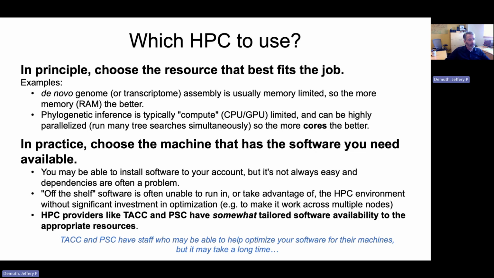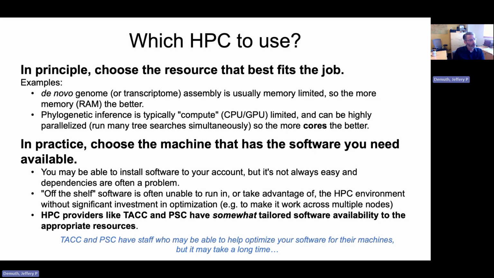That's a highly parallelized problem, right? So if you have thousands of cores, you can test one tree on every core and be done in a second. Whereas if you had to do them one at a time, it would take a really long time potentially to run that in a more serial fashion. So that's just one example of the extremes of the spectrum where you might be either memory limited or compute limited.